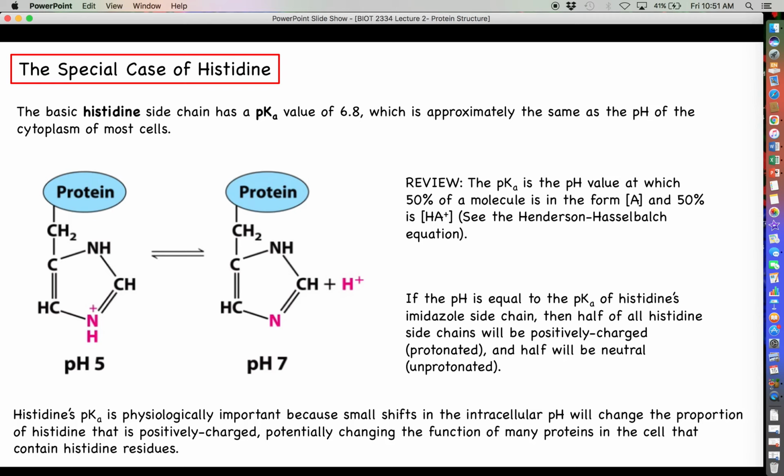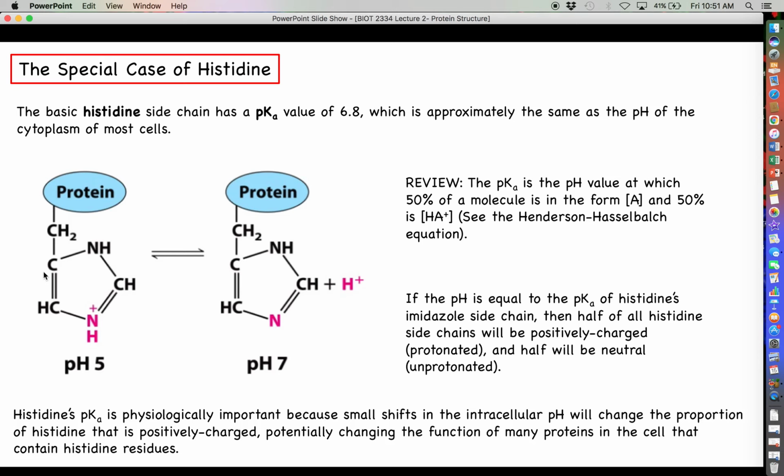The difference here is that the other basic side chains, those of lysine and arginine, have pKa values that are much greater than that, say around 11 or 12 or so. So if you don't remember from Chemistry 2, pKa refers to the pH value at which 50% of an acid or a base is in the form A and 50% is in the form HA, so either unprotonated or protonated.